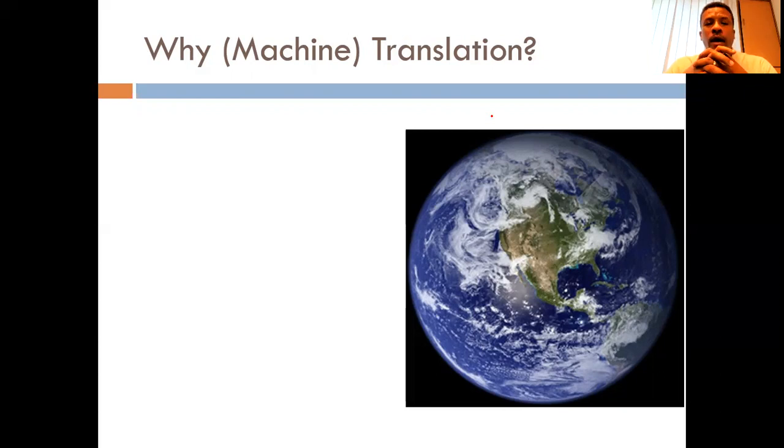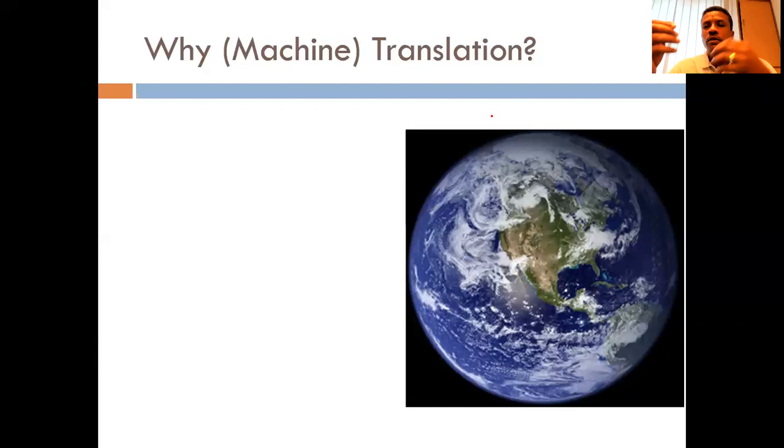Now, if you think about globalization, if you think about knowledge sharing from one society to the other, societies tend to document their knowledge or information, their history, their tradition, their education, or anything using their own language.